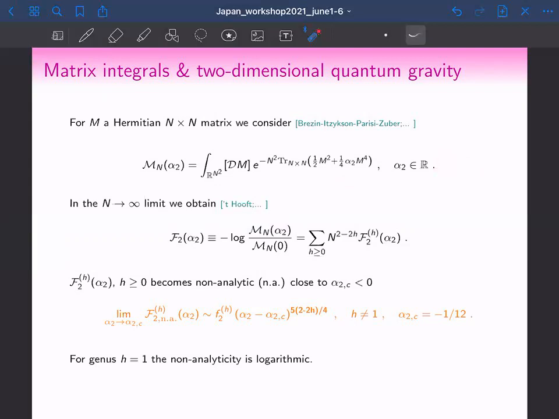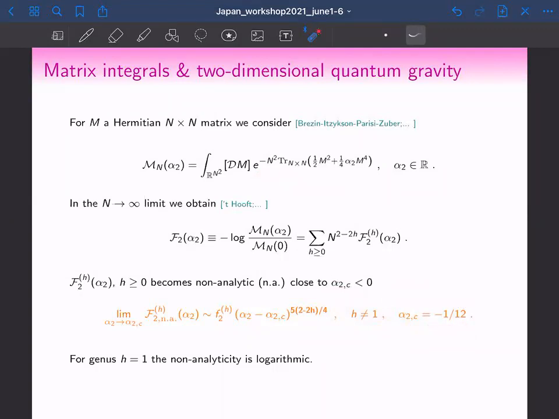However, because of this large N limit, if you take the size of the matrix very large and make the saddle point approximation at leading order, all of the eigenvalues of this Hermitian matrix go very close to the extremum of this function. And so we can tune alpha 2 to negative values. This is actually a pretty decent negative value. For this matrix integral, alpha 2 critical is -1/12.